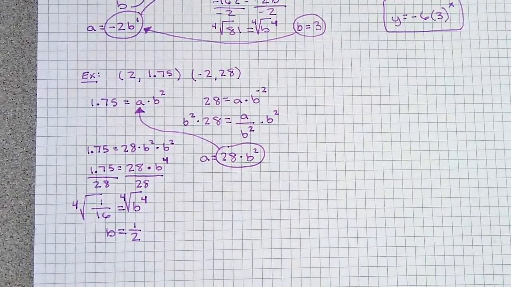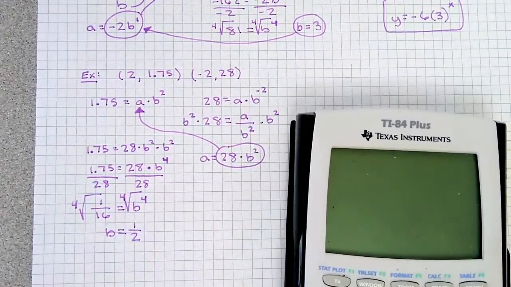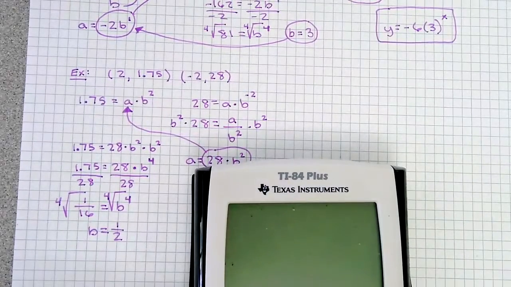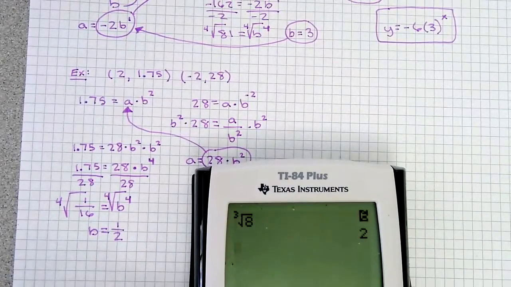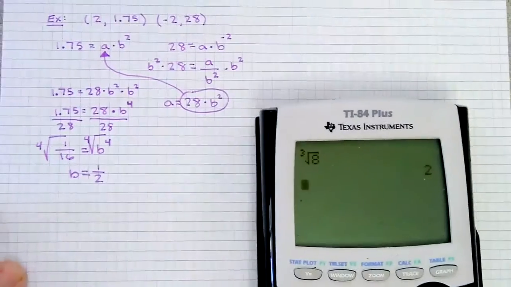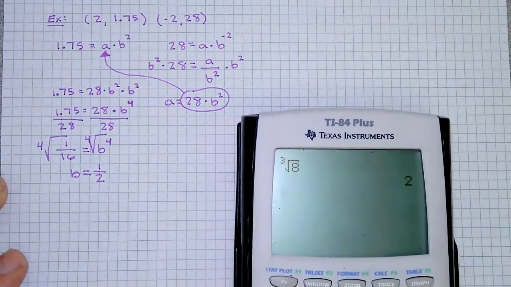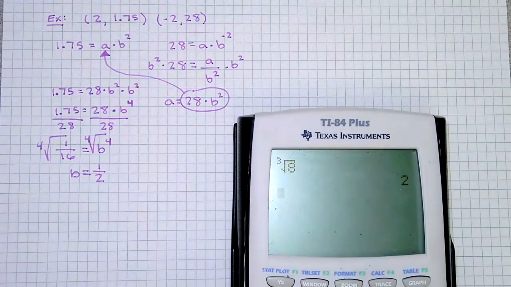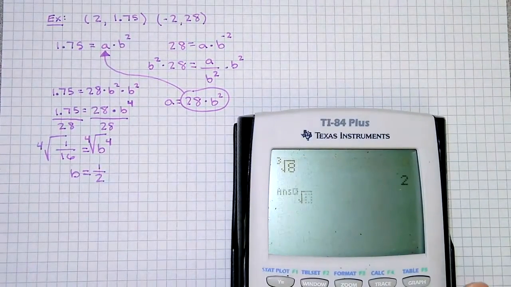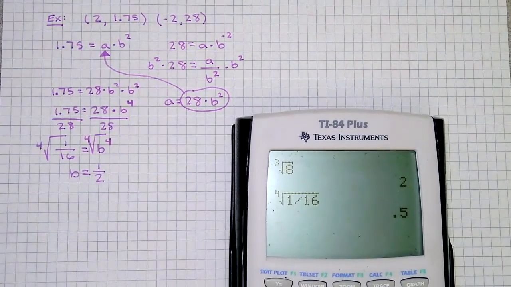You can plug that into a calculator, and again, fourth root of 1 divided by 16 just gives us 1/2.